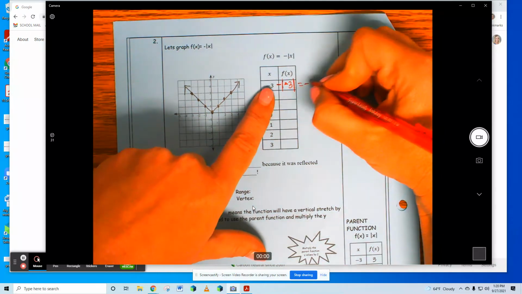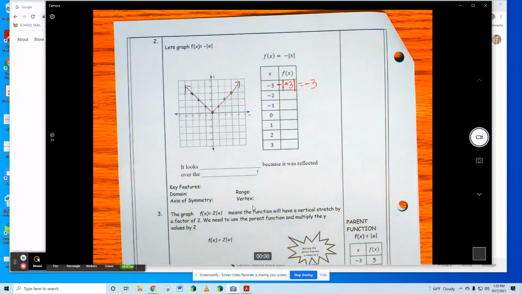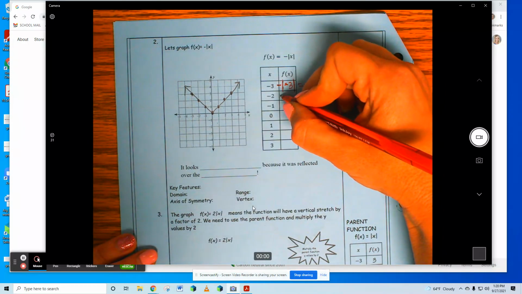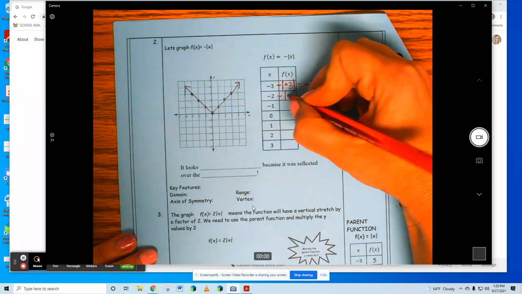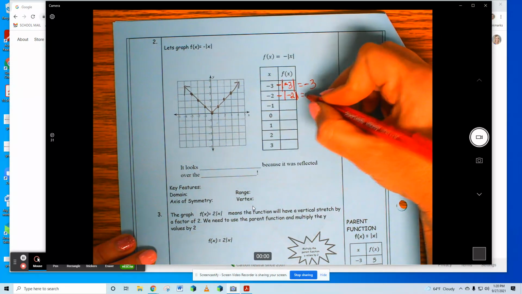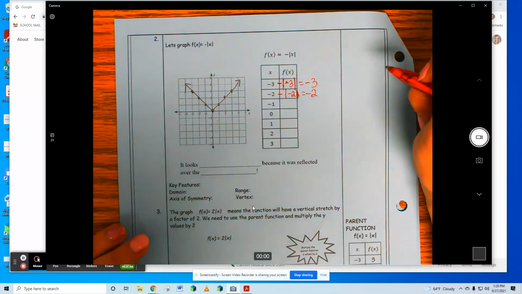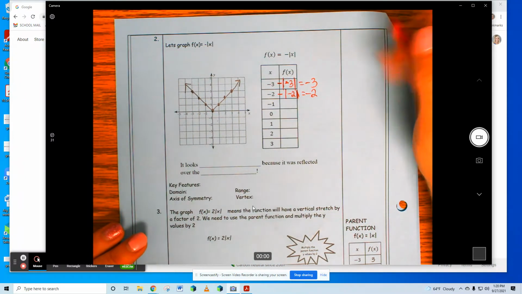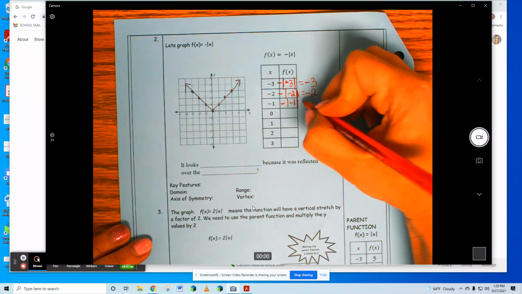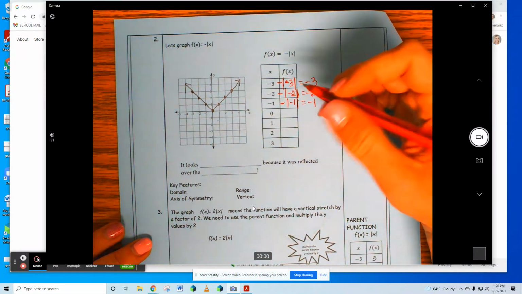The negative stays out in front. All right, moving along. The negative absolute value of -2 is -2, good. The negative absolute value of -1 is just -1. Good, you're catching on.